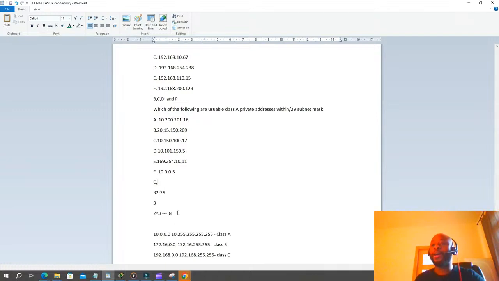So the formula, which is basically 2 raised to the power n minus 2. Good. So this is actually going to work. C, D, and F. He is out of it, and F, obviously. So those are the answers to the questions for the subnetting that we have to do today.